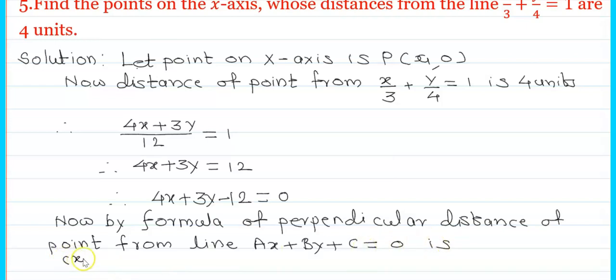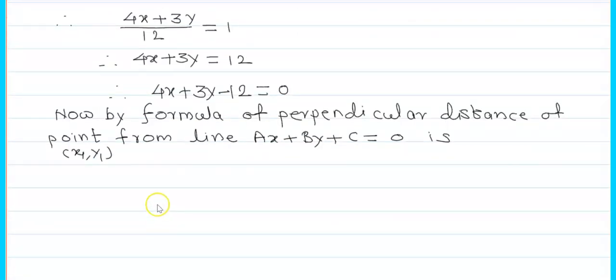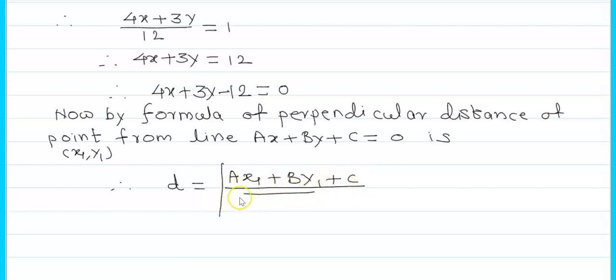The point is x1 and y1. Therefore, here this D is equals to in mod of A x1 plus B y1 plus C upon in root of A square plus B square.